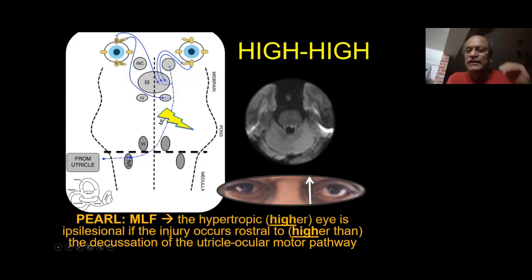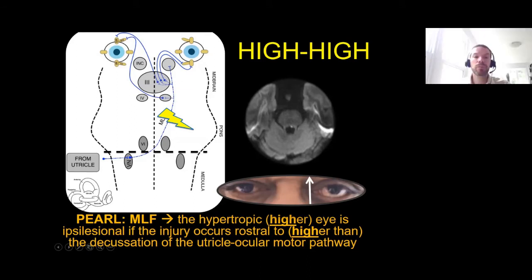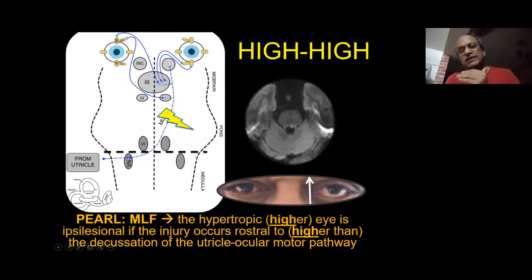So if you find the right ocular ipsipulsion along with the right eye being low, and maybe a Horner's on the right side, then probably it's a right lateral medullary stroke. Absolutely. Then if you find the left eye is the higher eye and also has an INO on the left side, that suggests the lesion is probably just above the pons.